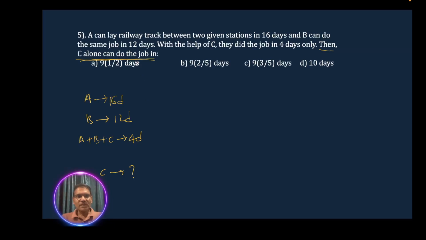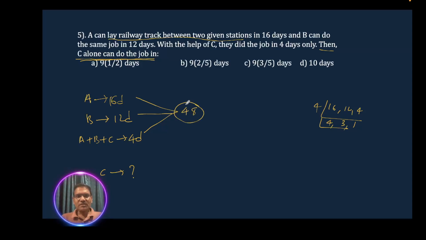This is the question there. Now here the work is laying railway track between two given stations. For convenience, I take the work as the LCM of these three values. That means 16, 12, 4, the LCM is, taking 4 as common, 3, 1 and 4 into 4, 16 into 3, 48 is the LCM.